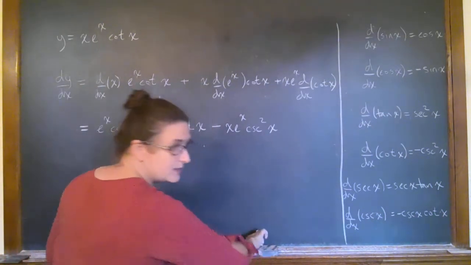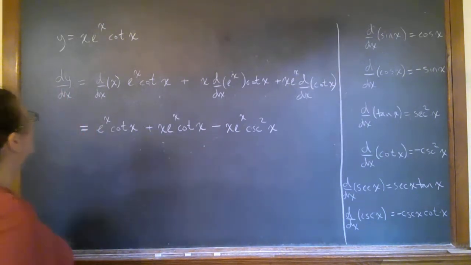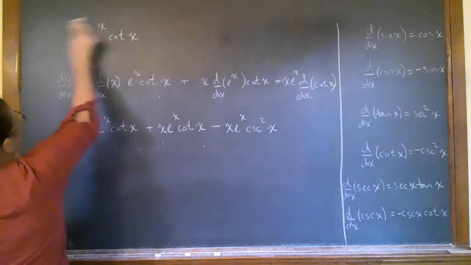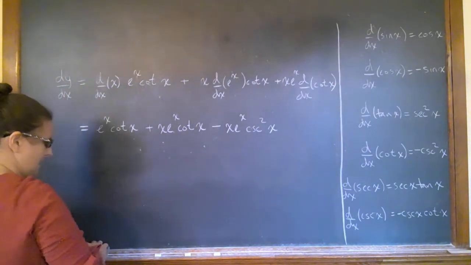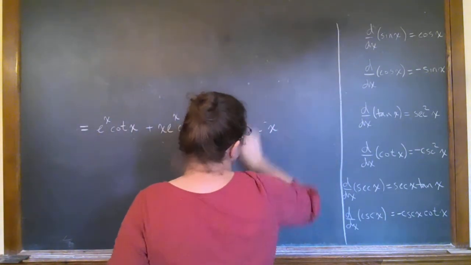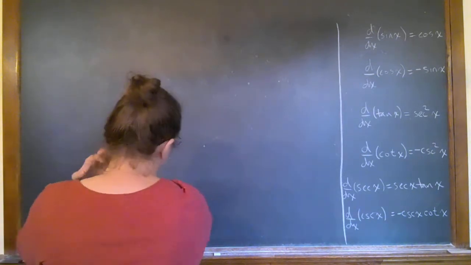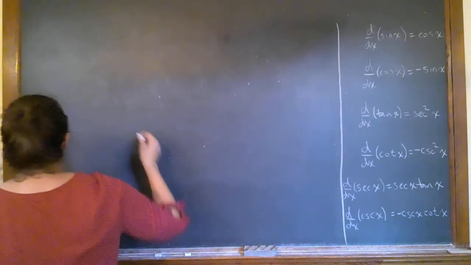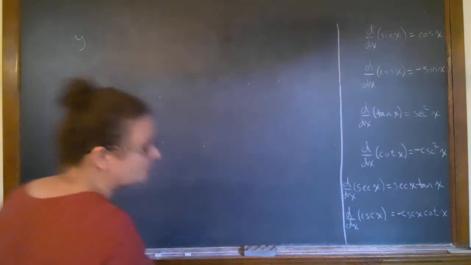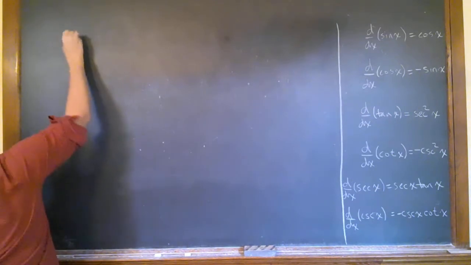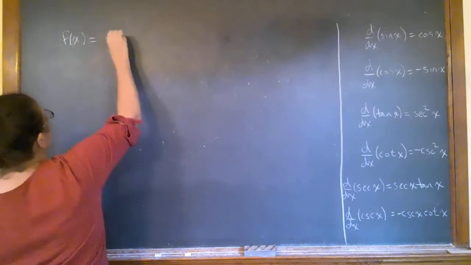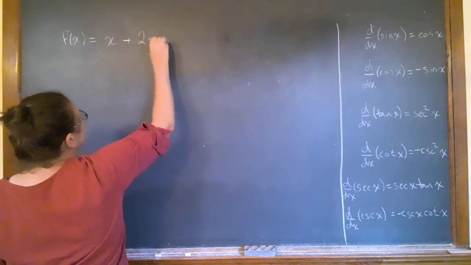Of course, we can do one more example, which is going to be just another one of these tangent line problems, but I'm going to remind you, depending on what we're doing, right? So here I've got a pretty simple one, actually. F of x equals, no, x plus 2 sine x.